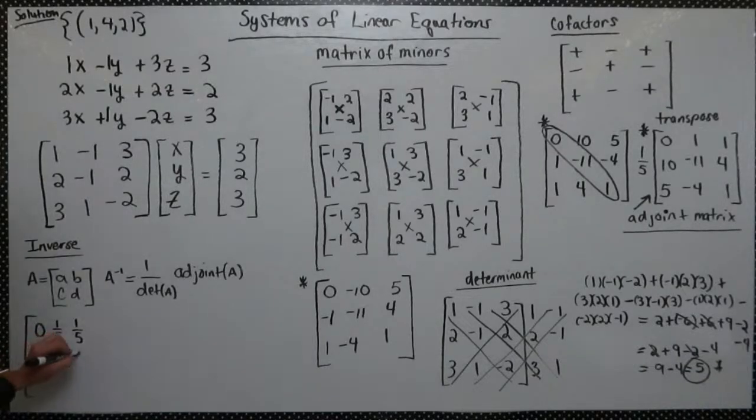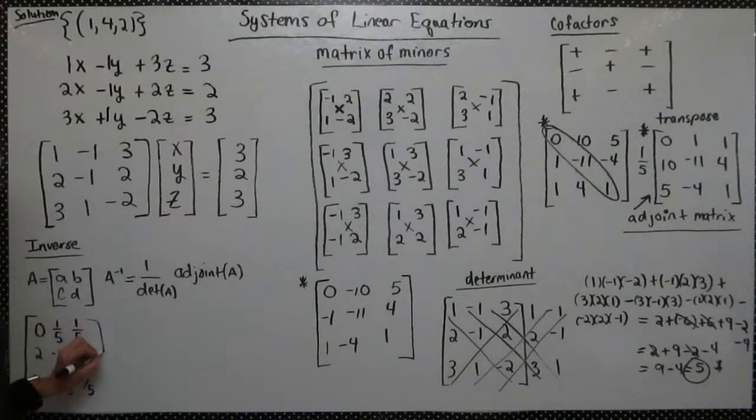And then we have -4/5. And then 5/5 is 1. And then this is a -4/5. And then that last one, 1 times 1/5 is 1/5.